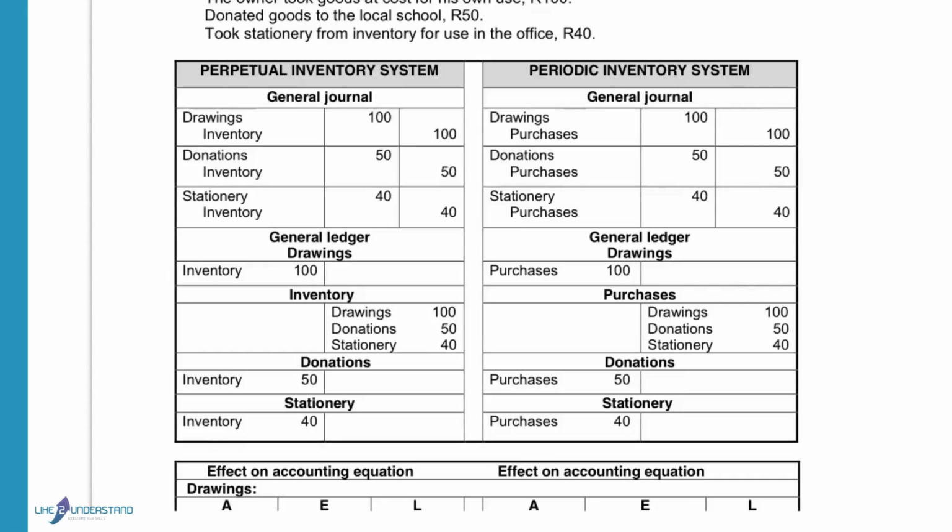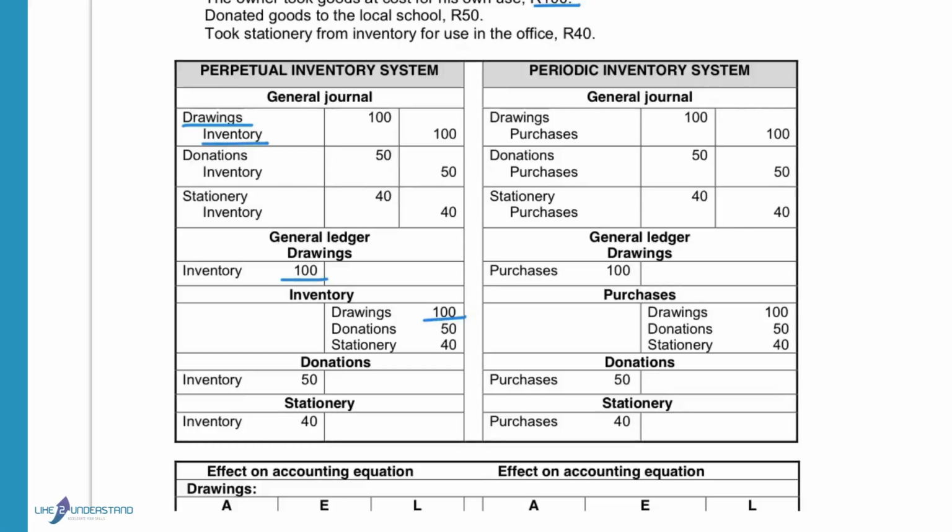The owner took goods with a cost price for his own use, R100. In the perpetual system, we will have to increase the drawings account and we will have to decrease the inventory to indicate that the inventory is not used for selling purposes.